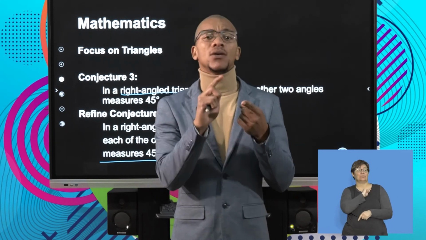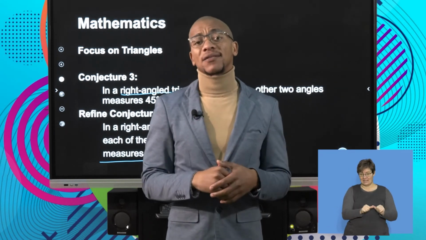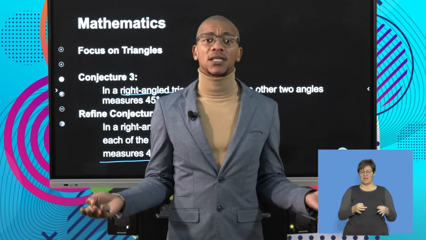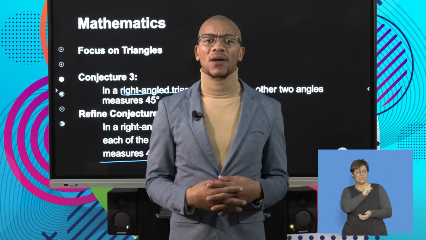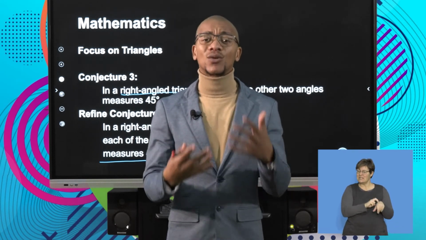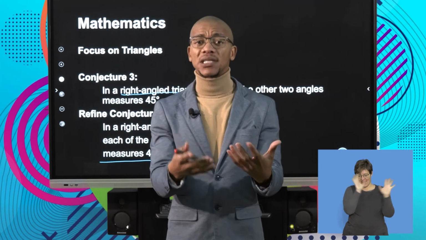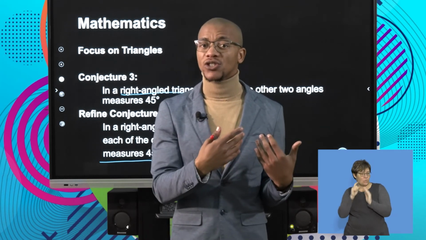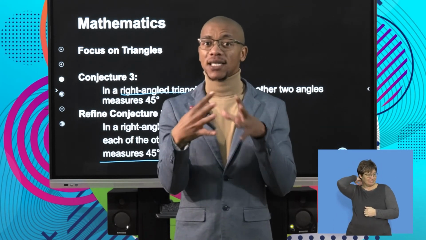And then you try and give a refined conjecture by proving it using deductive reasoning, right? So at all times, you really need to make sure you understand this. So let's try use deductive reasoning to prove this particular conjecture here after adding this one more point.